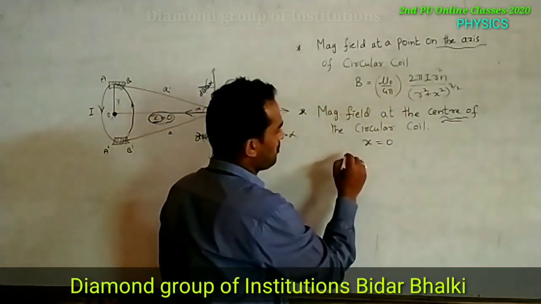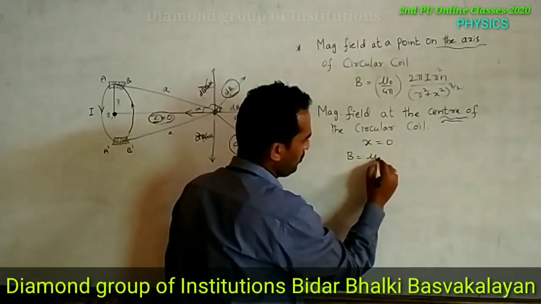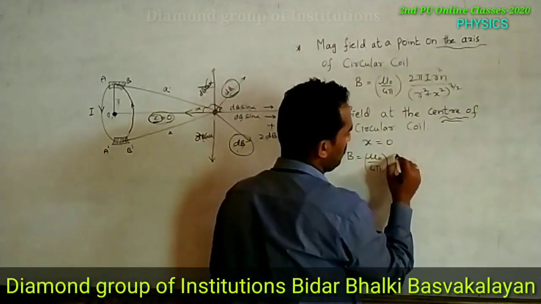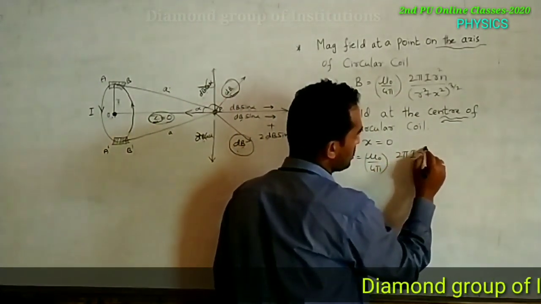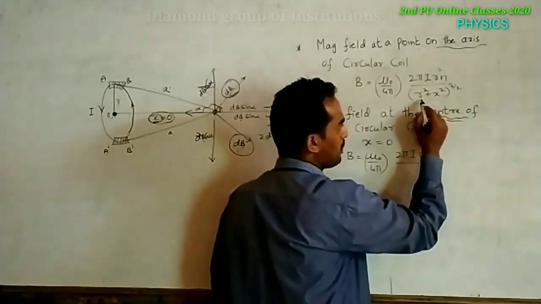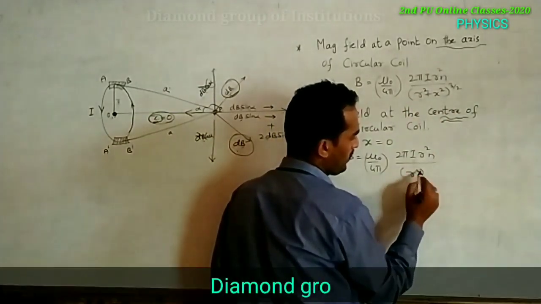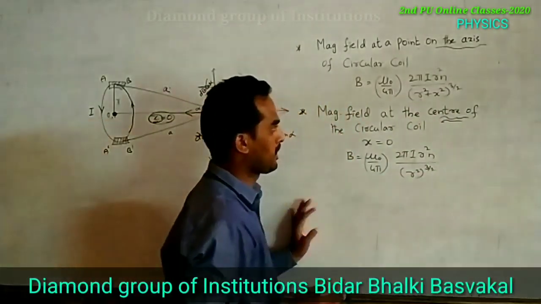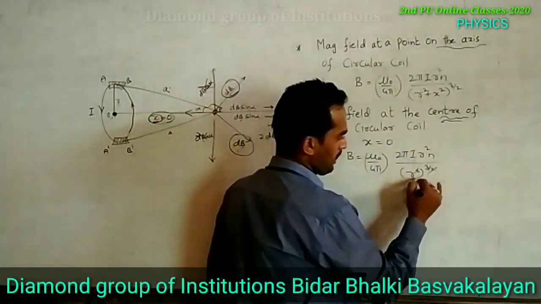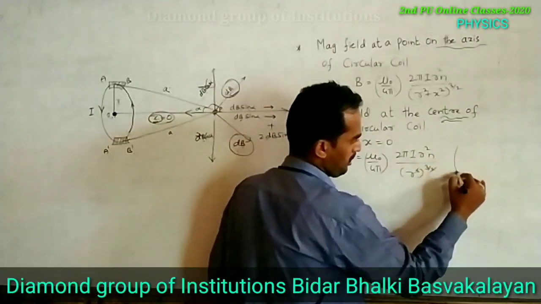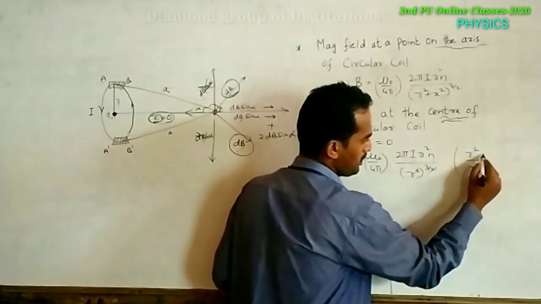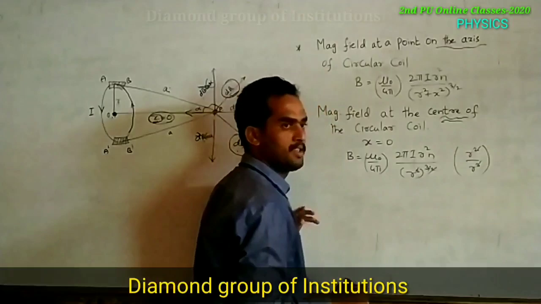Then the formula we can write as B equal to mu naught by 4 pi into 2 pi I r square into n by, taking the x value as 0, r square whole power 3 by 2. What about x here? 0. So the x term is neglected. In the numerator r square is there, in the denominator r cube, so r square cancels.